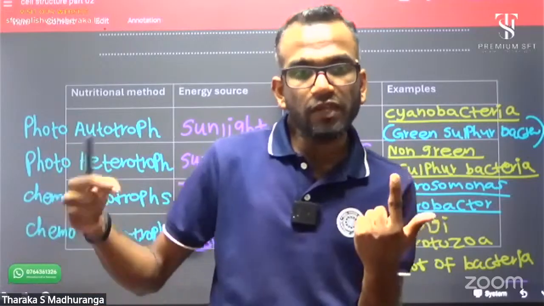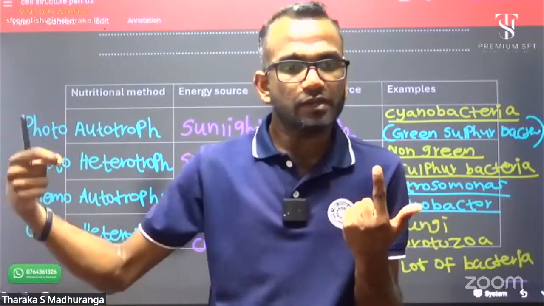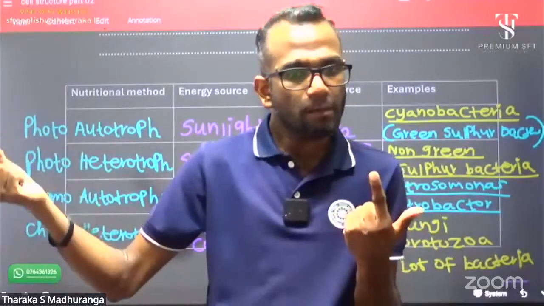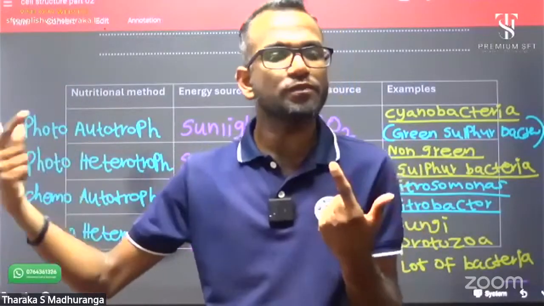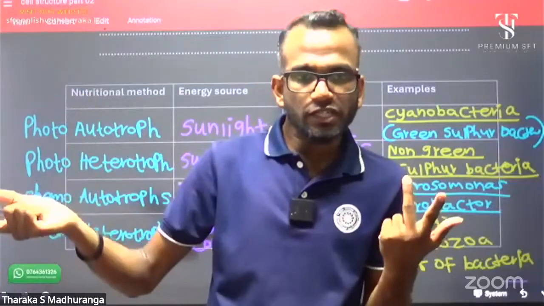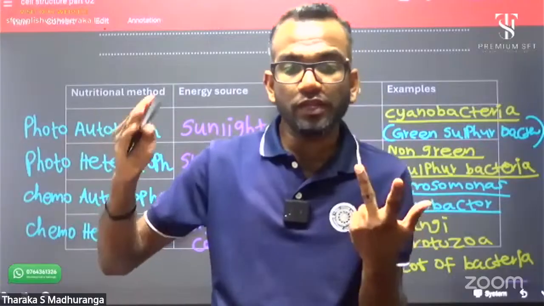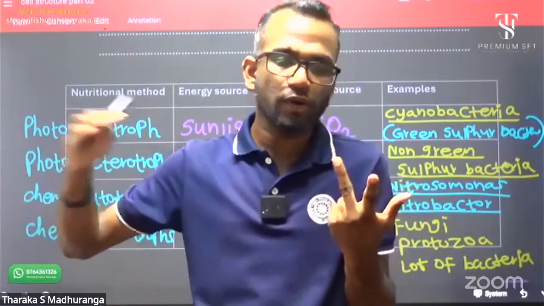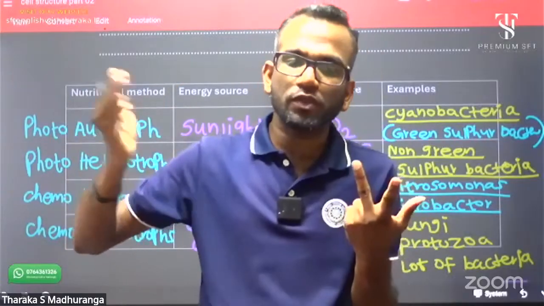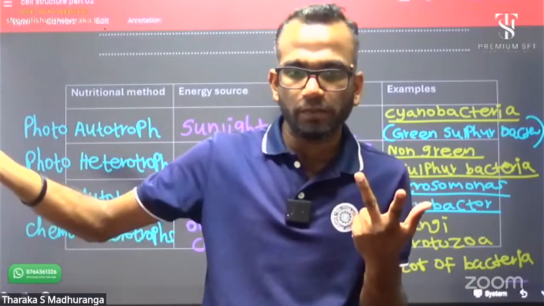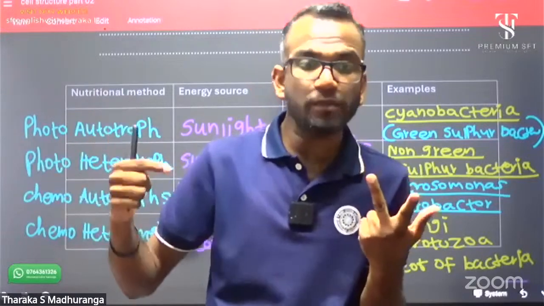Anaerobic means they only live in oxygen-absent environments, without oxygen. Examples, Methanospecious, Clostridium, Pseudomonas. Facultative anaerobic means both are okay, with or without oxygen, no problem. What is the example? Saccharomyces, yeast.